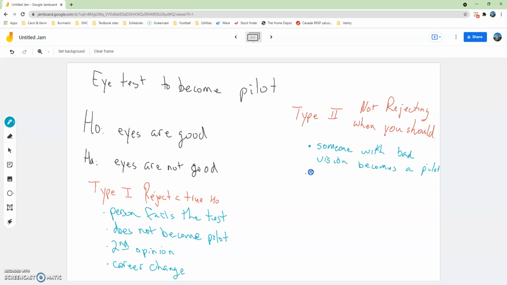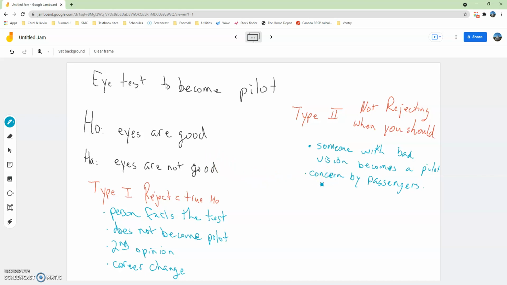And of course, that's going to lead to concern by passengers. Especially if you see that pilot walking onto the airplane and he or she is bumping into things or going into the wrong chair.